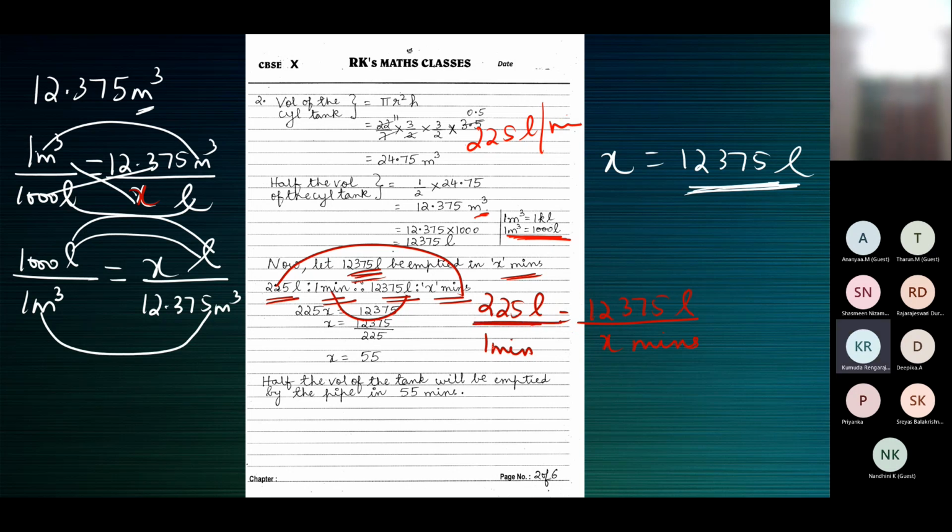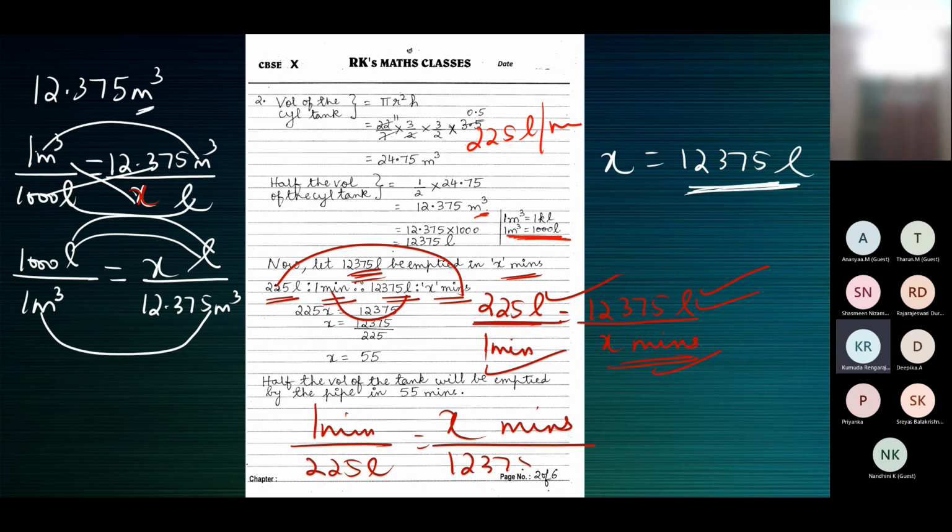225 liters is emptied in 1 minute. Then so many liters will be emptied in how many minutes? Numerator has liters, denominator has minutes. Or you can write it the other way also. In 1 minute, 225 liters is discharged. Then in x minutes, how many minutes will 12375 liters be discharged?